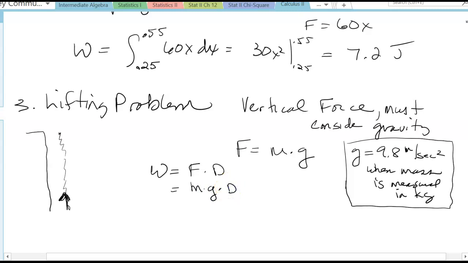All right, so we just adjust our formula a little bit, which is going to greatly adjust it when we move it into our integral. Because again, just like with our spring, it's going to be a variable force.